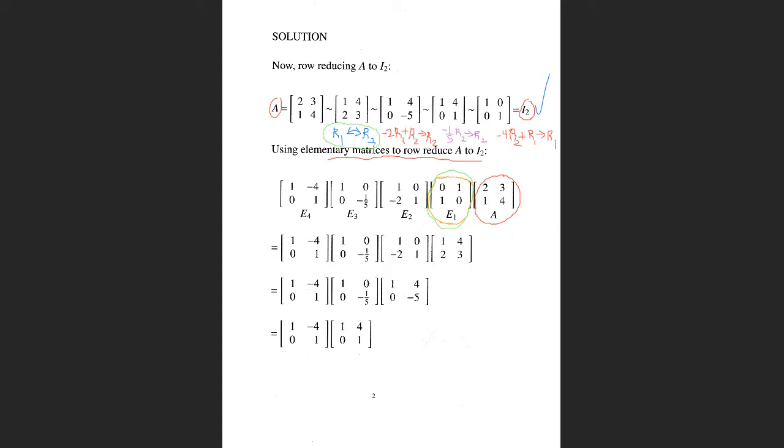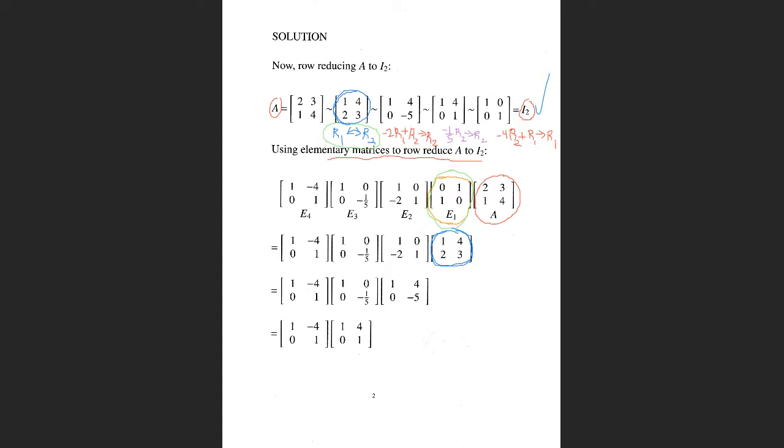And notice, if I multiply the elementary matrix E1 times the matrix A, I'm going to get the same matrix I got here. So essentially, I'm doing the row operations by doing a matrix multiplication.